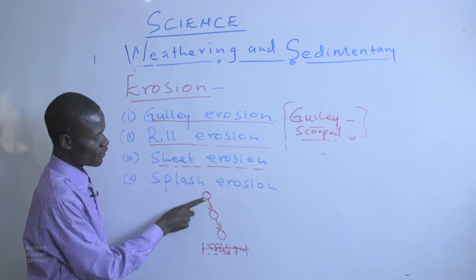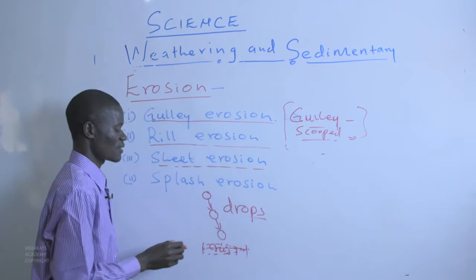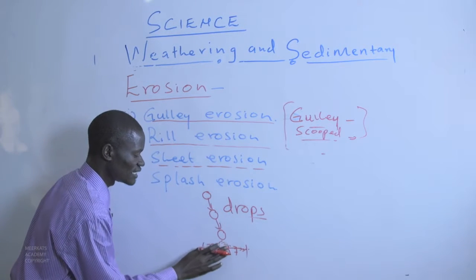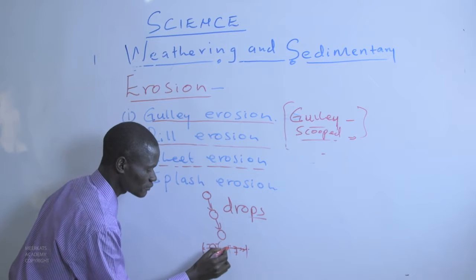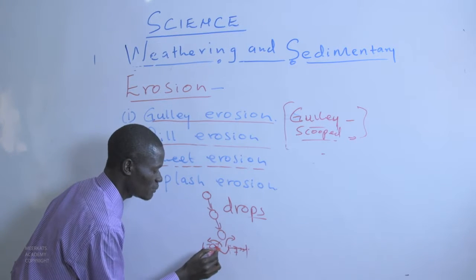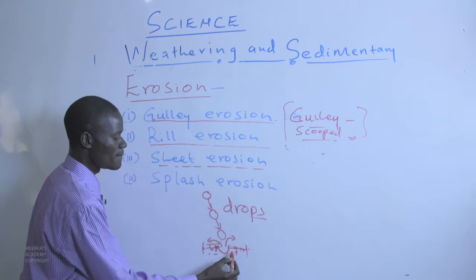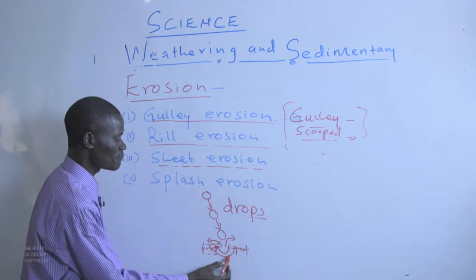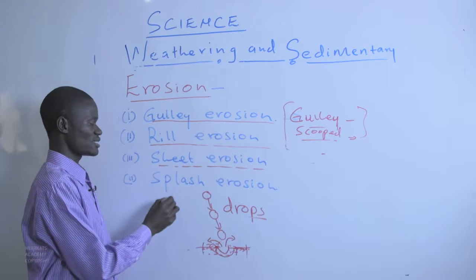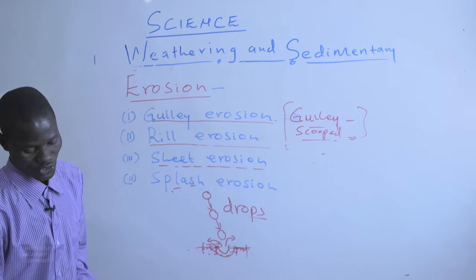When these drops of water periodically land on this ground, eventually they will create a depression, because some rock particles or soil particles will be scooped out, making that area have a depression on the Earth's surface. That happens under the process of splash erosion.